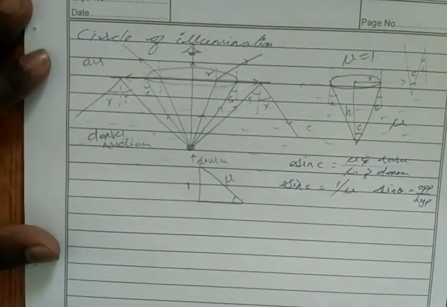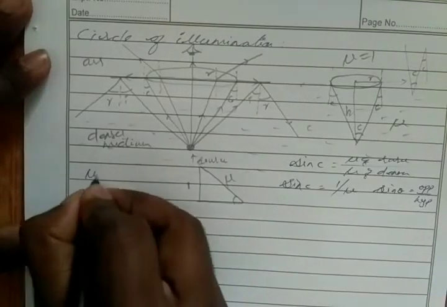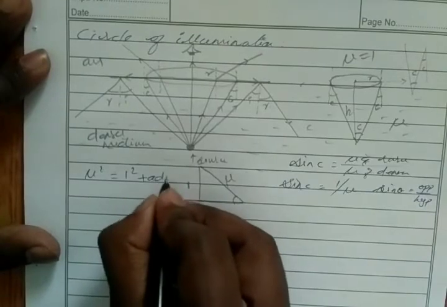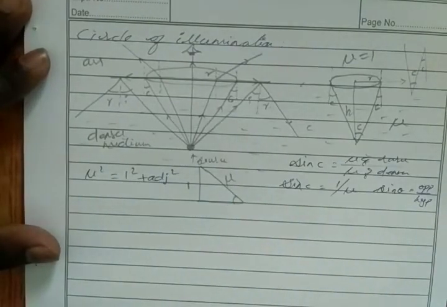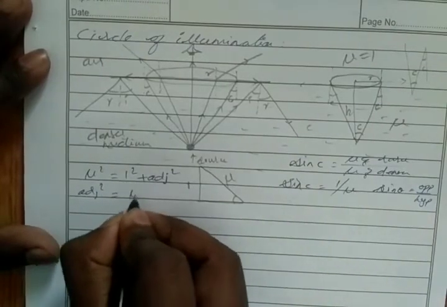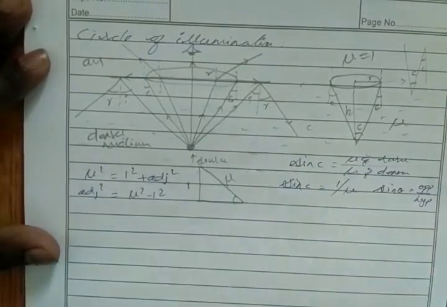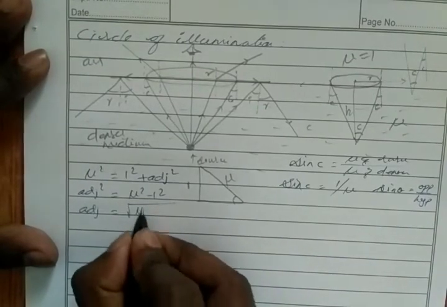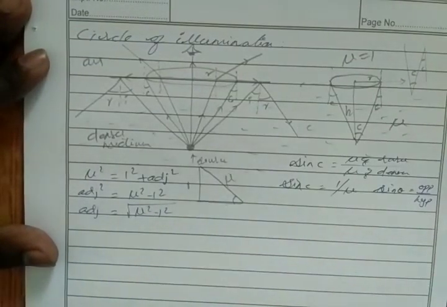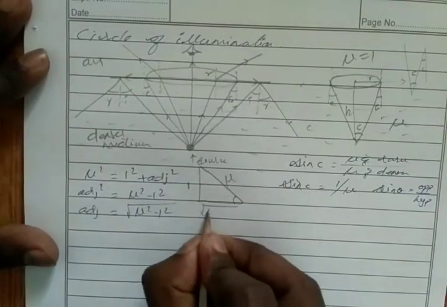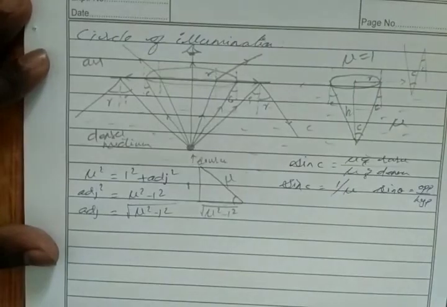Simple, use the Pythagoras theorem. Mu square equals 1 square plus adjacent square. So adjacent square equals mu square minus 1 square. Then the adjacent value equals root of mu square minus 1 square.